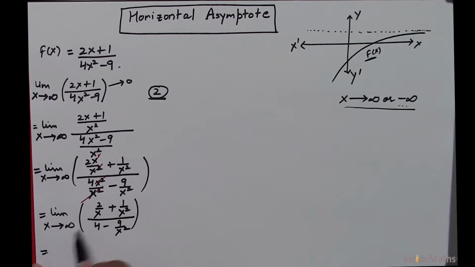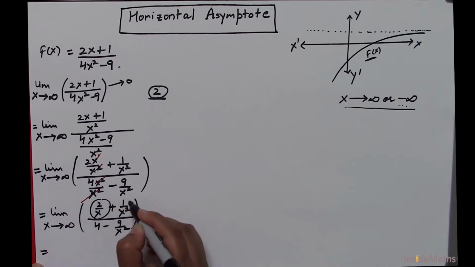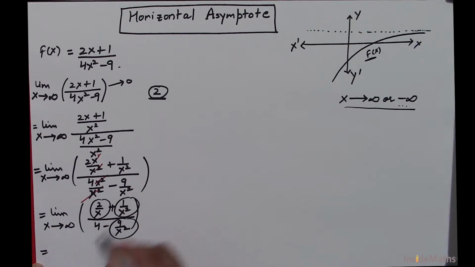So now when x is approaching infinity, these three terms approach 0 as the denominator is arbitrarily large. So what do I get? 0 plus 0 over 4 minus 0, which is equal to 0 over 4, which is equal to 0.